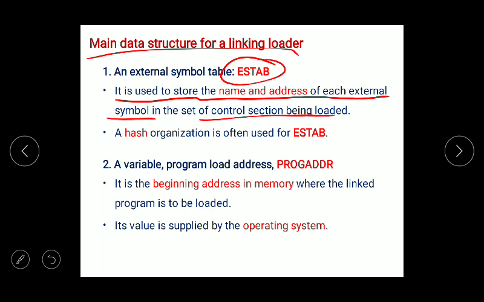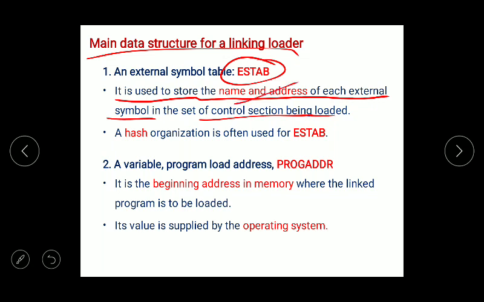Let us consider the same program, the copy program. In the copy program, you have some external symbols like RETADR, EOF, RDREC, WRREC, etc. They are all considered external symbols. So during the first pass, this external symbol table is constructed.